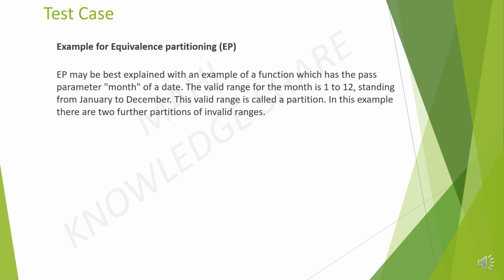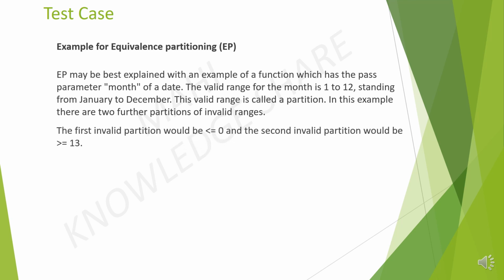This valid range is called a partition. In this example, there are two further partitions of invalid ranges. The first invalid partition would be less than or equal to 0, and the second invalid partition would be greater than or equal to 13.